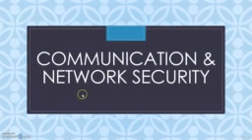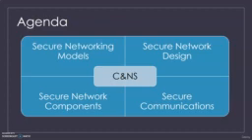In this particular course we have divided the content into four segments. The first is secure network models, where we look at the different models, which can be the seven layers, or the TCP/IP model. Second is secure network design, where we'll see the different components of a network, which can be switch, firewall, router, wireless, how we need to put them, where we need to put them, and in which scenario they should be used.